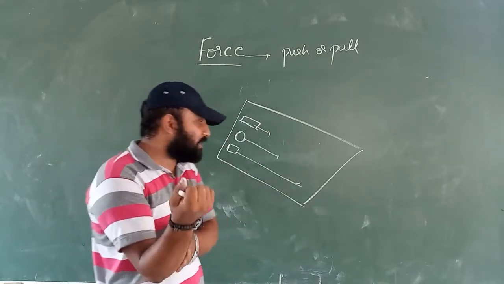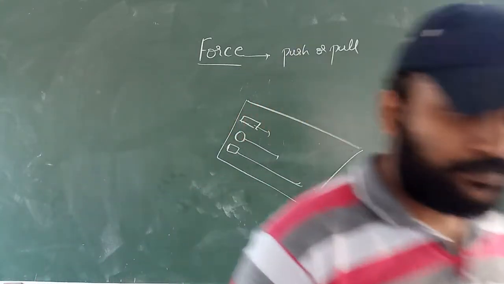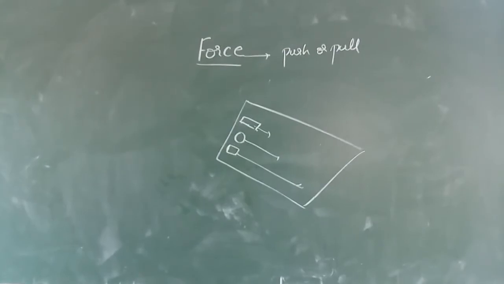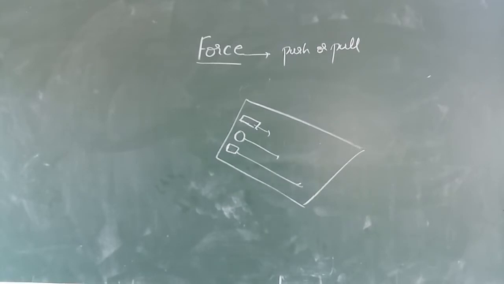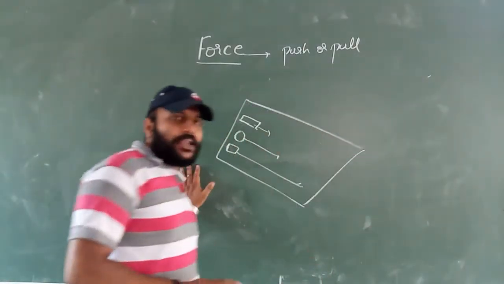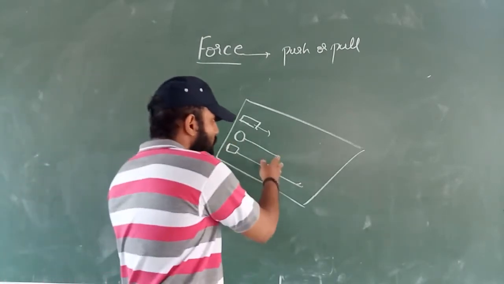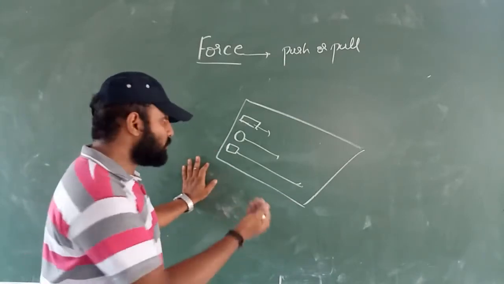So why is there a difference in the distance covered by the objects? If you observe, the surface of the ice cube is smooth.